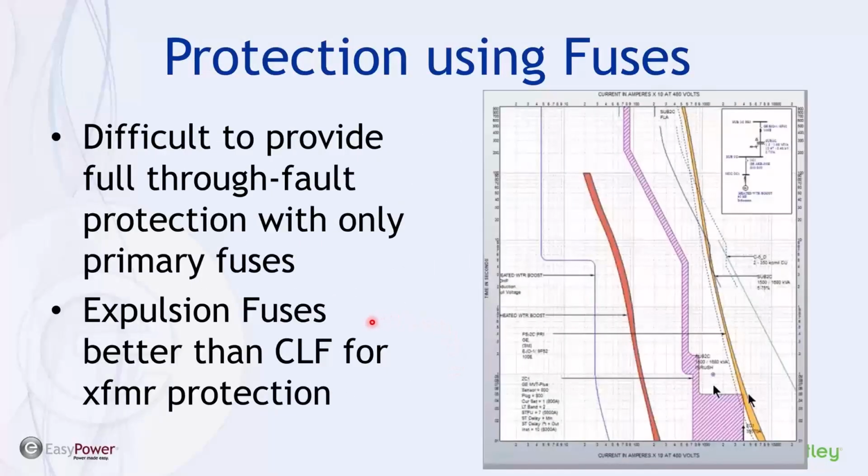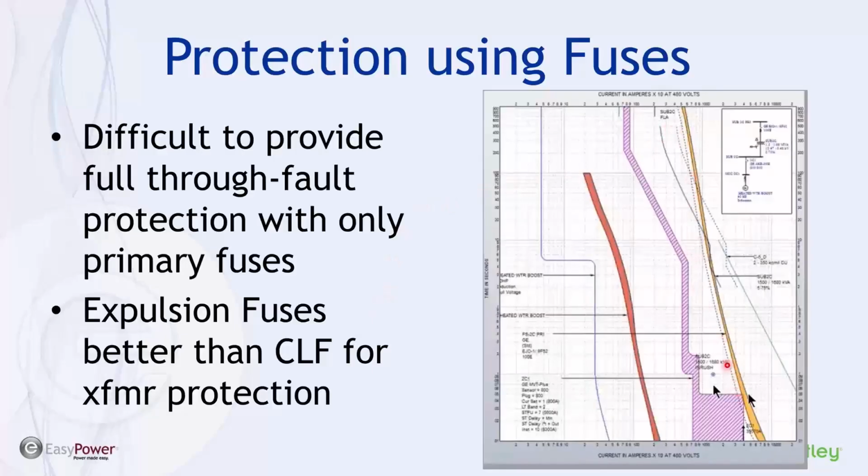To recap, it's difficult to provide full through fault protection with only primary fuses. Now, if you compare expulsion fuses with current limiting fuses, the current limiting fuse has more of a vertical slope to it.